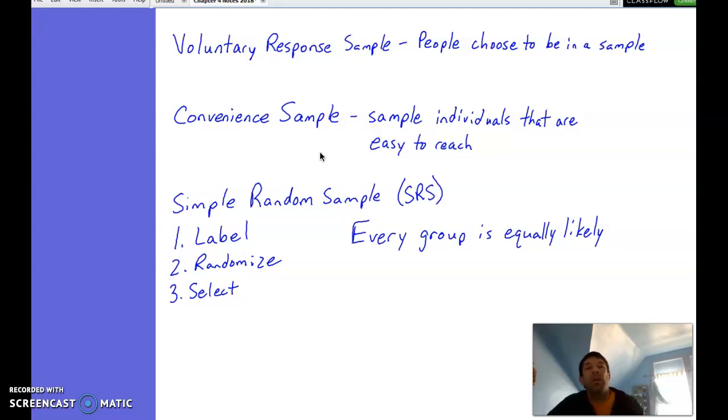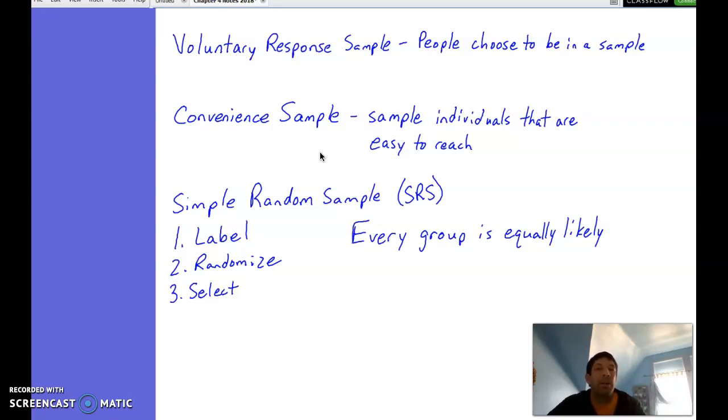Okay? So by not selecting a random sampling of people, you're maybe not getting information about the entire population that you're interested in. And so your sample might be biased. That sample of people from 1 o'clock on Wednesday may tell us information about people that shop during the middle of the day on a weekday, okay?